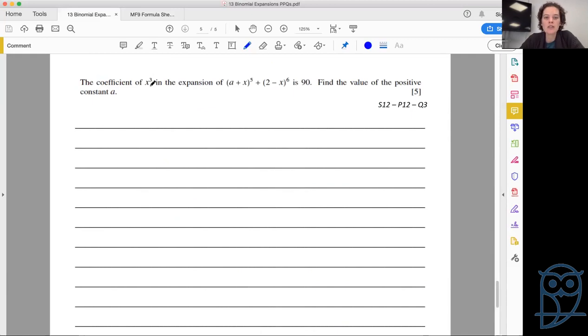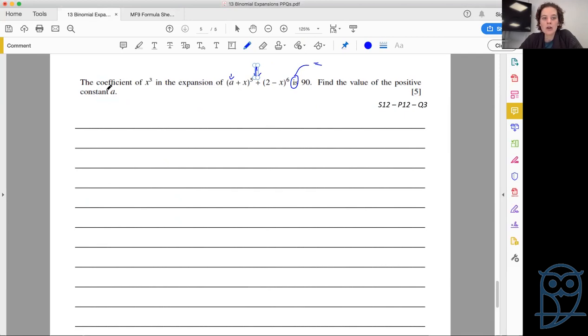So the coefficient of x squared in the expansion of this plus that is 90. Find the value of the positive constant a. So there's our a sitting, and it's another one of those where, if we do it, we're going to get an a in there. We've got an 'is', which can translate to an equals, so we can build an equation and then find an a.